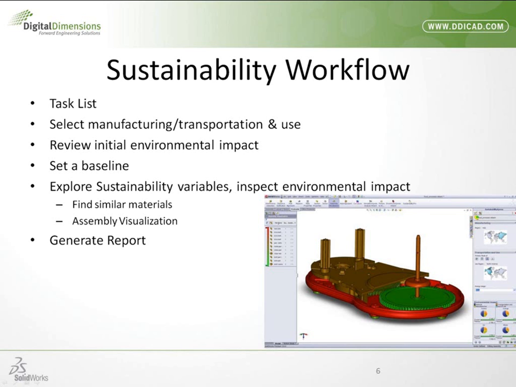Also, we will talk about selecting a manufacturing and transportation for your product and your materials. From then on, we're going to show the interface for showing the environmental impact.